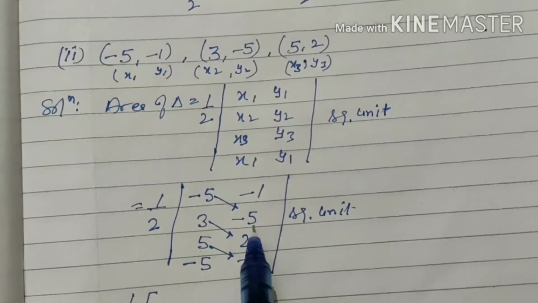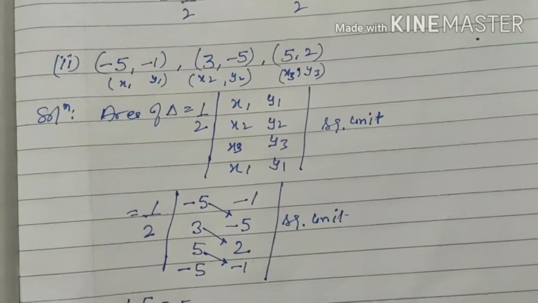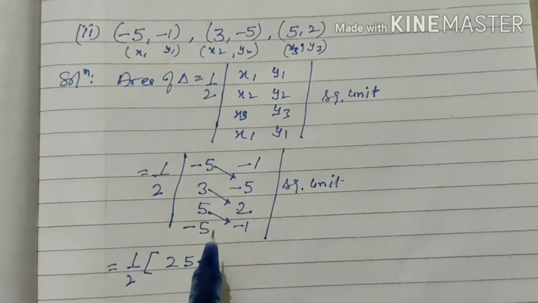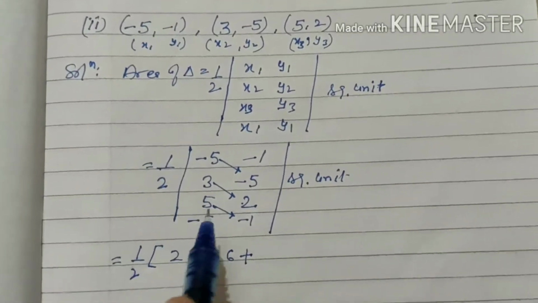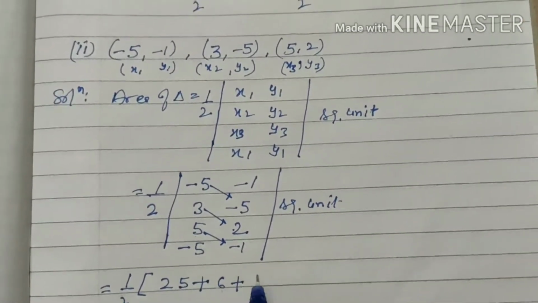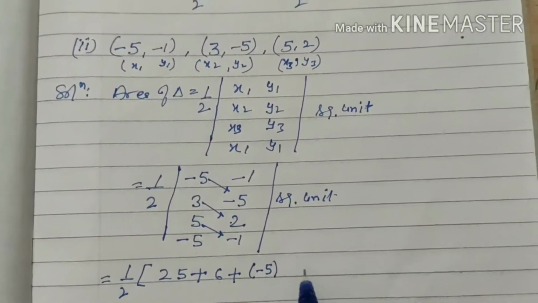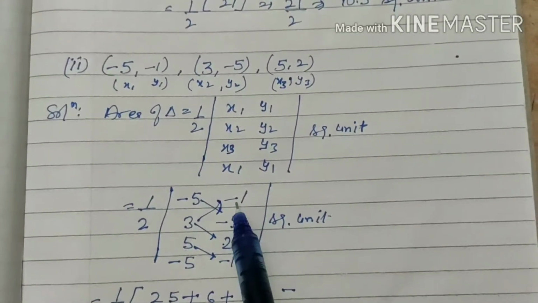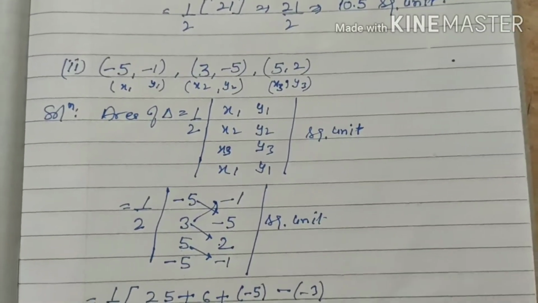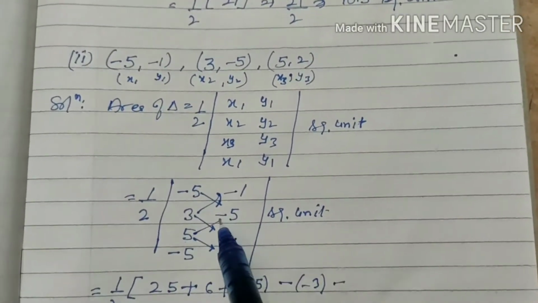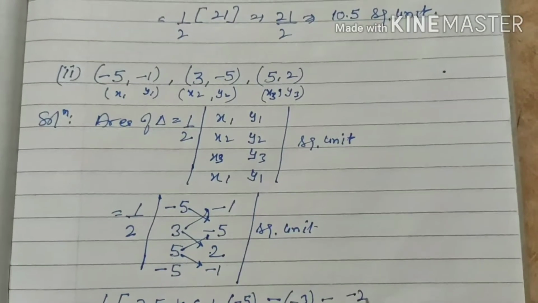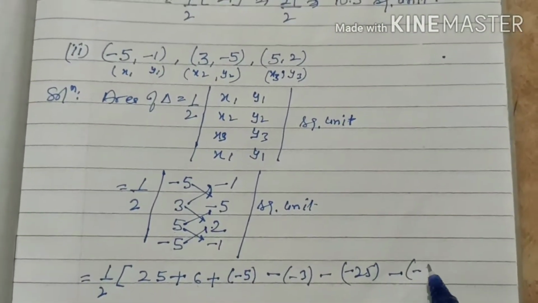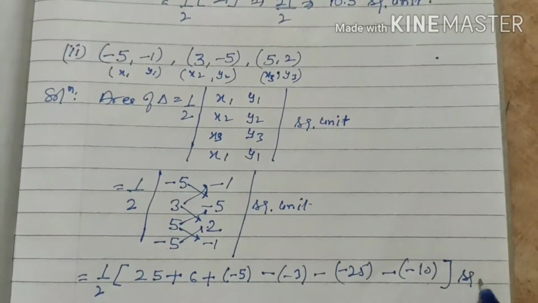So minus 5 into minus 5 becomes plus 25, plus 3 into 2 becomes 6, plus 5 into minus 1 becomes minus 5. Now going from down to up we have to subtract: 3 into minus 1 becomes minus 3, so minus 3; next minus 5 into minus 5 is 25, so minus 25; minus 5 into 2 becomes minus 10.